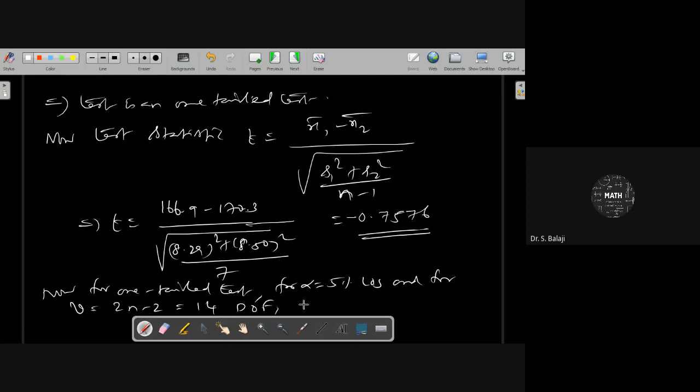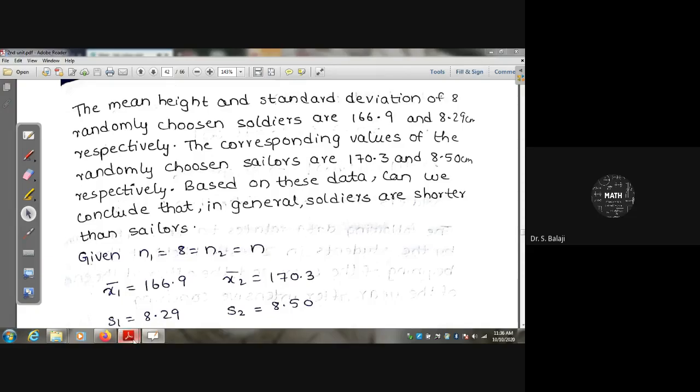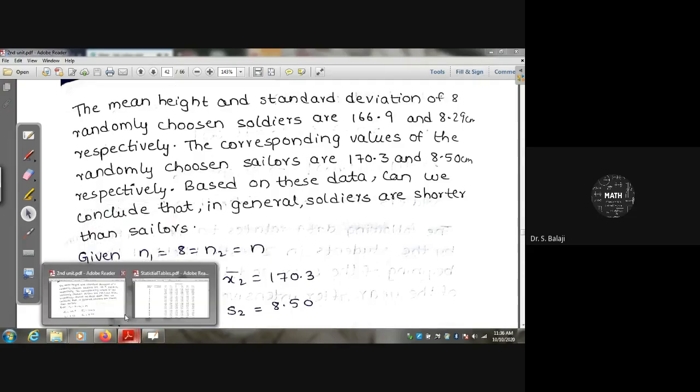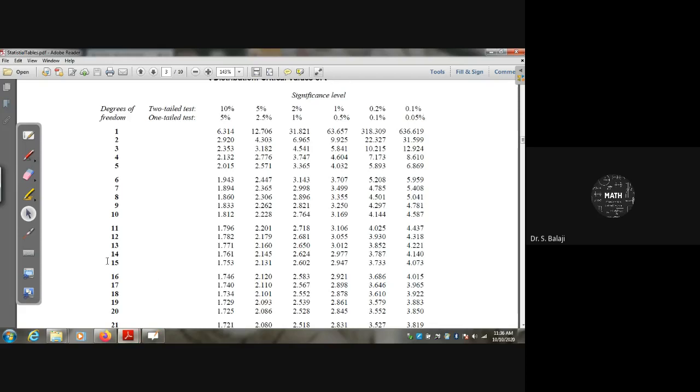The critical value is t of alpha, t 14, 0.05, with 14 degrees of freedom and 0.05 here.